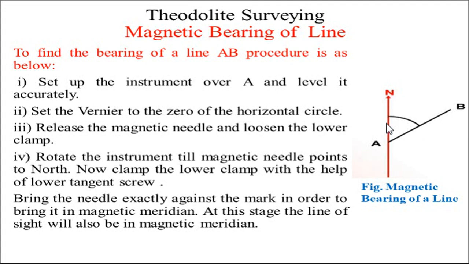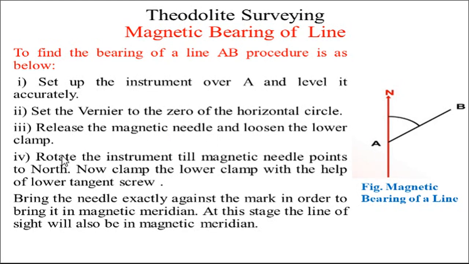For this, first of all, set the instrument at point A, center it properly and level it properly. Second step is set vernier A to 0 degree, 0 minutes and 0 seconds. Third step is release the magnetic needle and loosen the lower plate clamping screw.